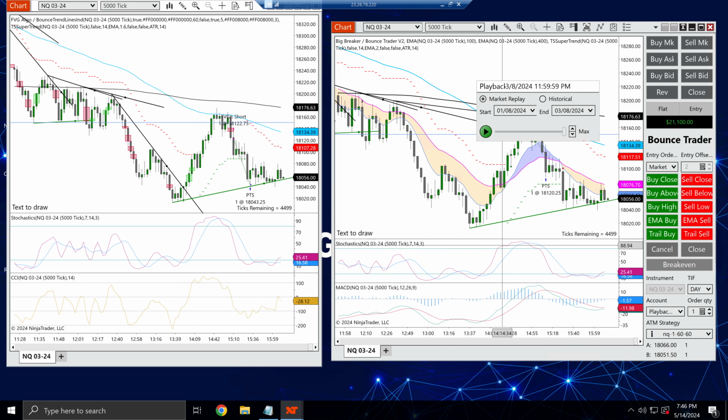Number two, as I mentioned in a previous email, 5,000 tick charts provide a very good price action for long-term statistical profitability, I should say.